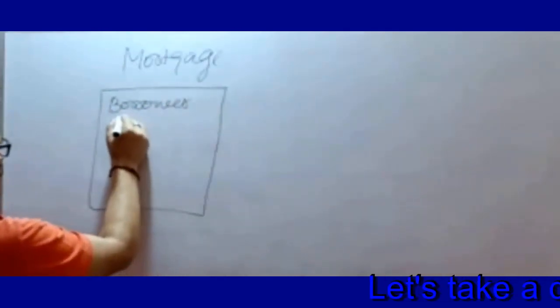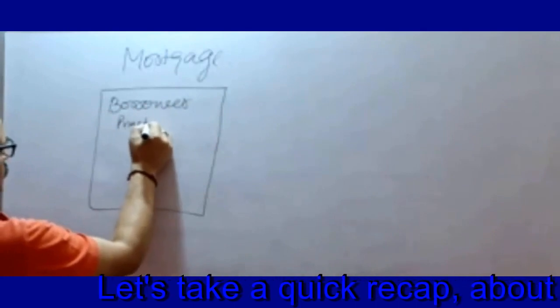This was the mortgage document. Everyone see, right? We saw that here is the borrower name, then principal plus interest need to be paid to the lender, right?